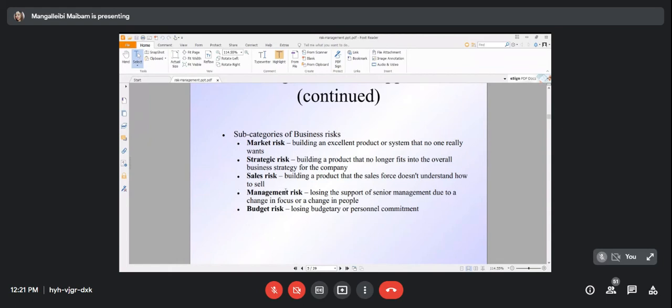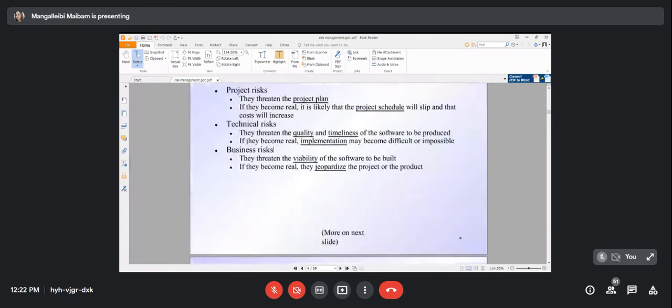In management risks, it is important to manage the software product which you have developed. Otherwise, if there is no proper management, you may lose support from the management, and also have a loss in your software product. And finally, it is also very important to analyze the budget for the software development process.